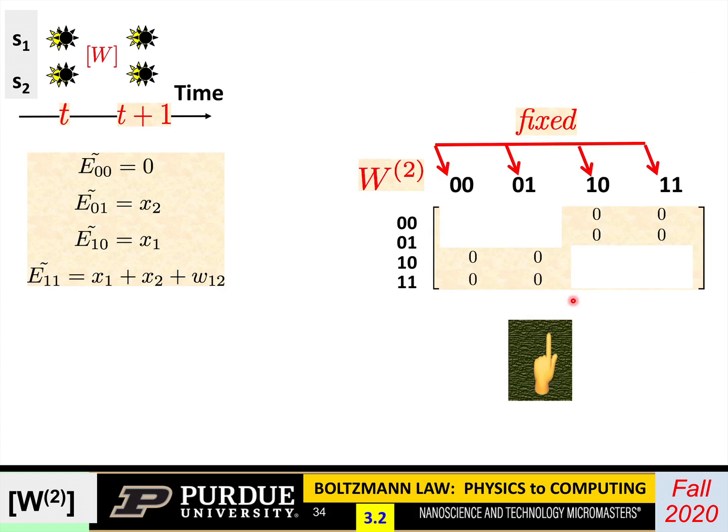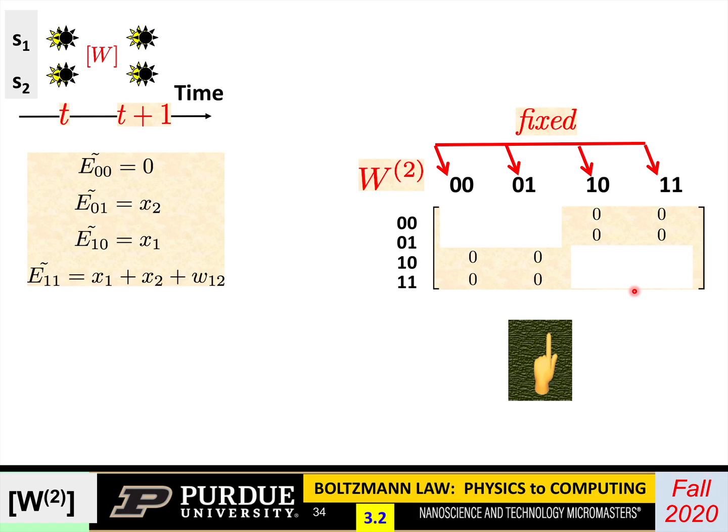Okay. Next, we have to write down the W matrix for updating neuron 2, keeping neuron 1 fixed. You see, previously we updated neuron 1 with 2 fixed. Here we are going to update 2, but now with 1 fixed. And now you can see that the non-zero elements would actually be in this block here, upper left and lower right, because those are the blocks where the first neuron does not change.